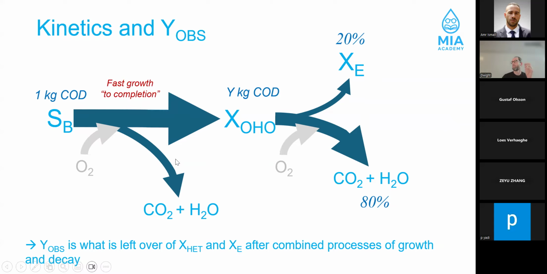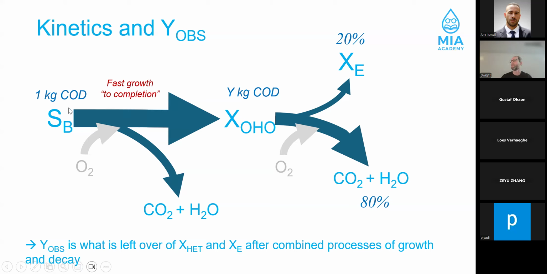And I said previously that the growth, we could think of as a static model because, in fact, it takes place very quickly. And usually it goes to what we would consider completion. So all of this S_B, or effectively all of it, is going to be utilized under most bioreactor conditions to generate our biomass.